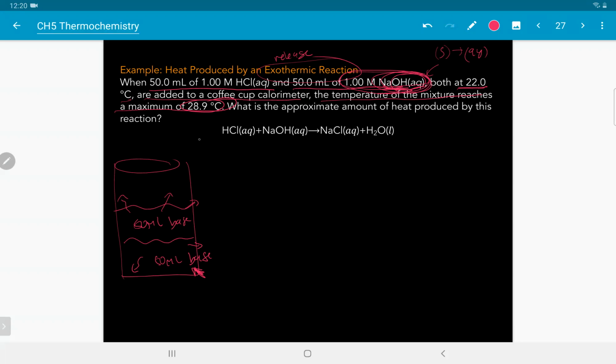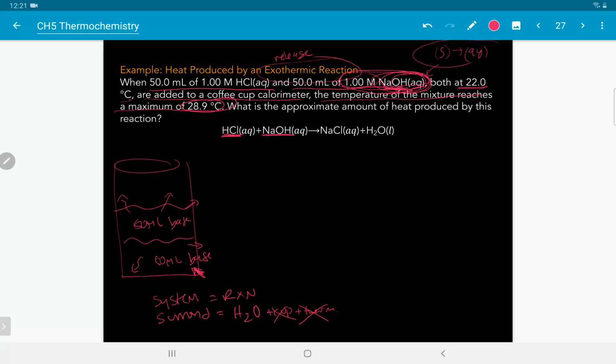Okay, so our system is the chemical reaction. That's the molecules of HCl reacting with the molecules of sodium hydroxide. The surroundings is going to be the water you used to create these solutions, and the cup and the thermometer, but we have to assume a negligible amount from the cup and the thermometer.